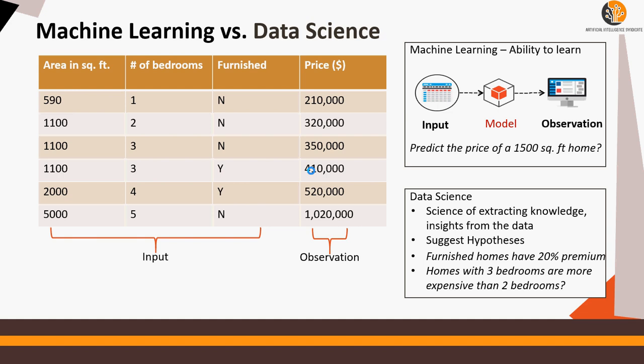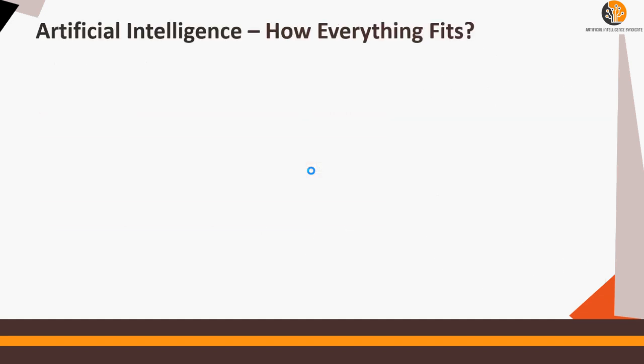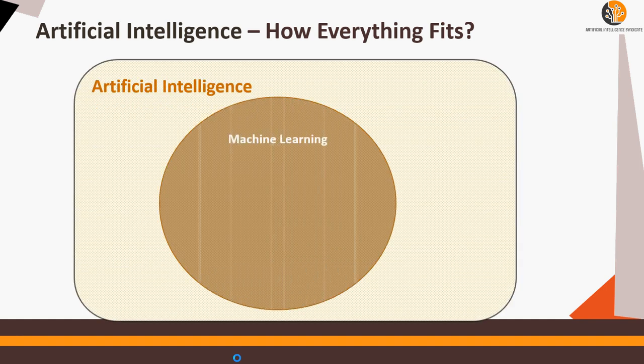Now let's put all of these things together. How does artificial intelligence work and how does everything fit? Artificial intelligence is the biggest bucket, and machine learning forms the core of artificial intelligence. However, not all algorithms or programs are machine learning programs.